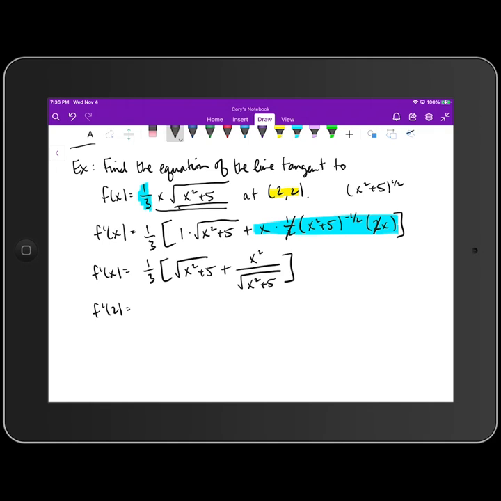When I do so, we get 1/3 times the square root of 2 squared, which is 4, plus 5, that's the square root of 9, which is 3, plus 2 squared, which is 4, over the square root of, again, x squared plus 5. When I plug 2 in, that's going to be the square root of 9, which is 3.